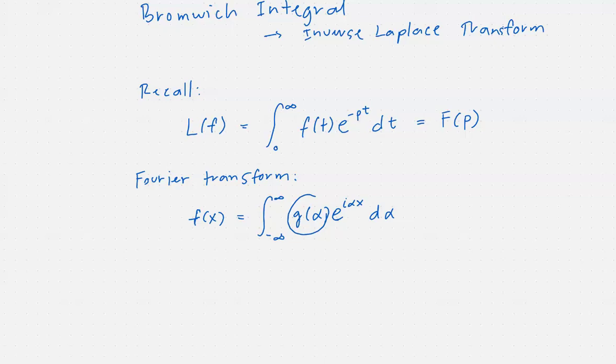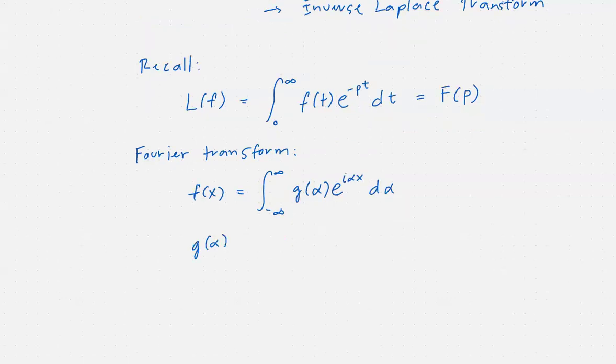Now, in Fourier transform, you can conversely convert it vice versa. For example, you want to get g of alpha, it's equal to 1 over 2 pi integral from negative infinity to infinity of f of x e raised to negative i alpha x dx.